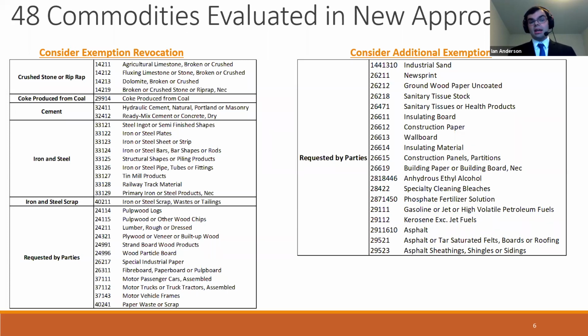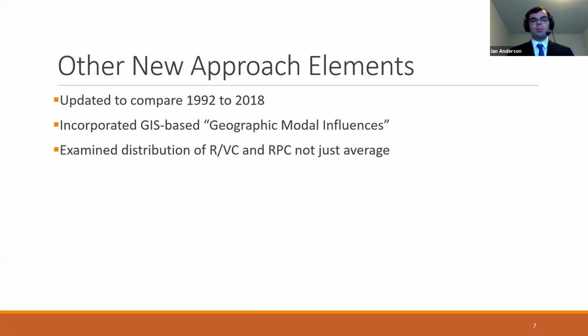The new approach began with the 1992 carload waybill sample as our starting point. Some of you have asked why we made this choice. We did so to mirror the baseline used in the 2016 NPRM. We then looked at the most recent waybill year, 2018.